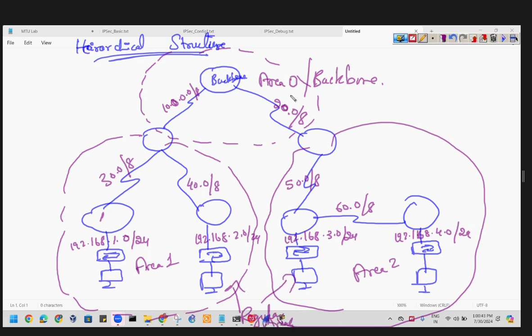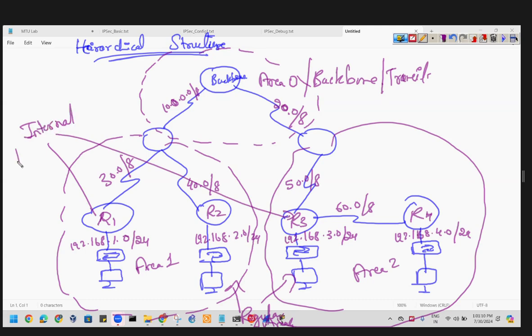Area 0 is the backbone area, or you can call it the transit area. These are non-transit areas or the regular areas. The routers R1, R2, R3, R4, which are located in these non-transit areas, are called internal routers. The routers inside the regular areas are called internal routers. The router that is inside the backbone area is called the backbone router.